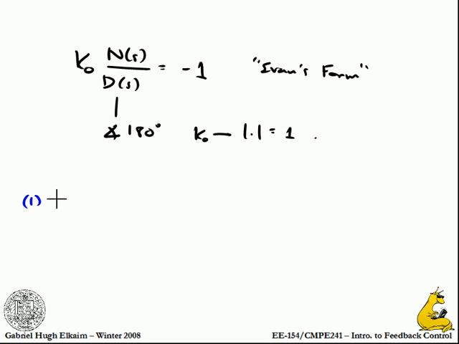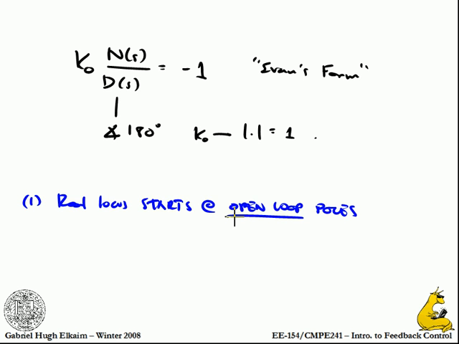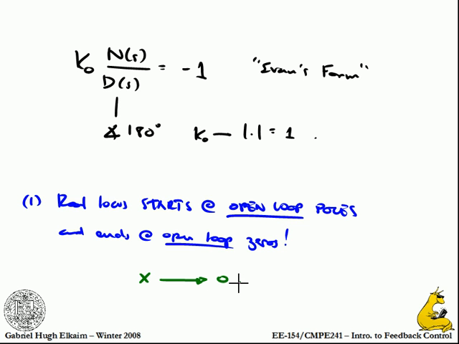The root locus starts at the open loop poles and ends at the open loop zeros. So we start at the X's and we go to the O's.